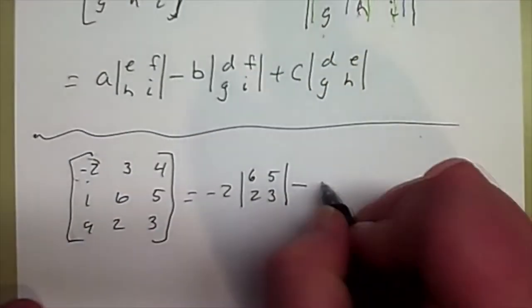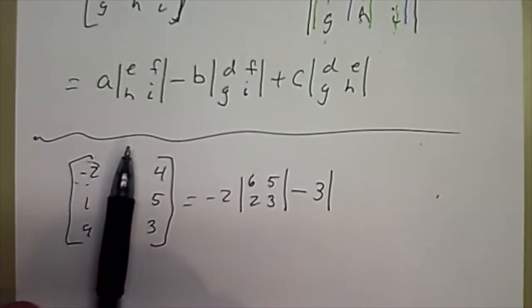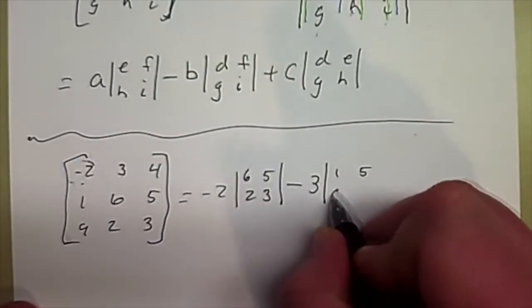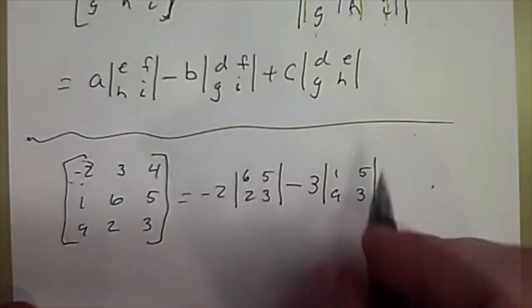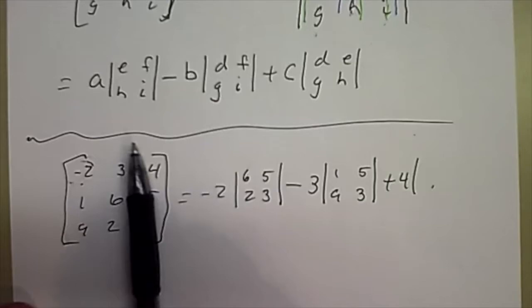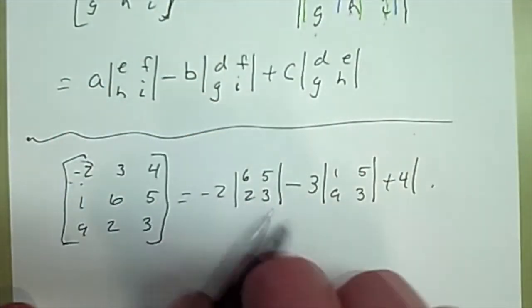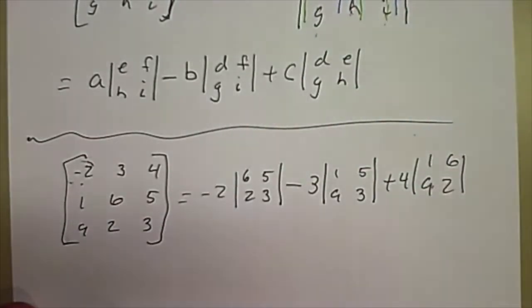I want the different sign, so I can put 3 here. Then take that row and that column out, and we get 1, 5, 9, 3. And then plus 4 times the determinant of these leftovers. Take that row and that column out, 1, 6, 9, and 2.